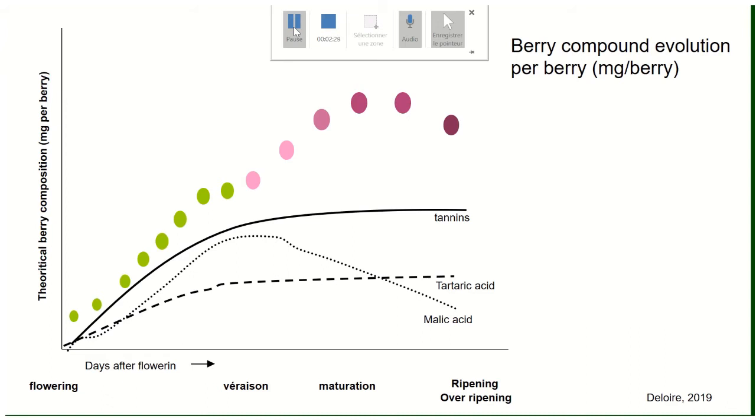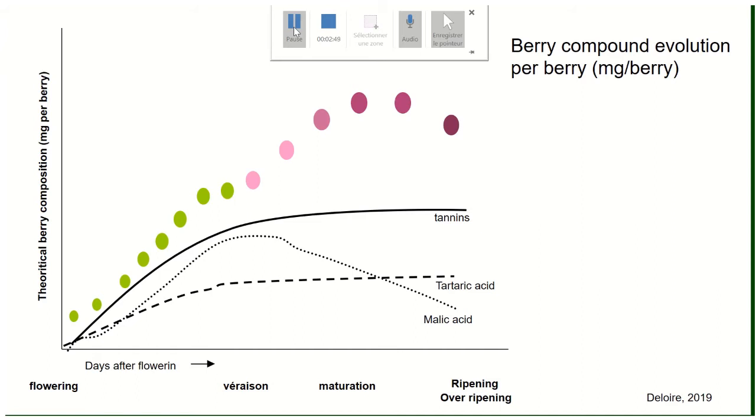Why? Because, as you know, malic acid is used for berry respiration when the berry is accumulating sugar. And as Charles Romieux will explain to you, one malic acid is used for the fruit to accumulate 4 hexoses.